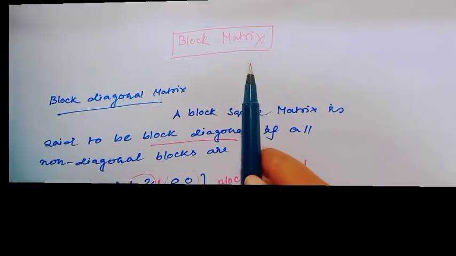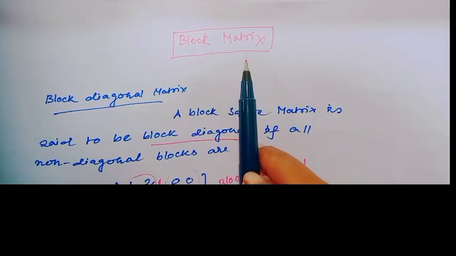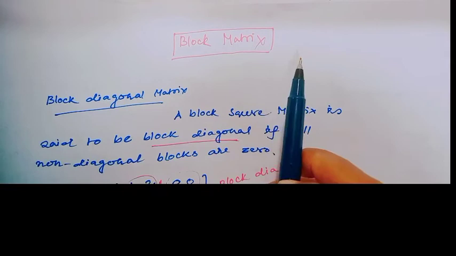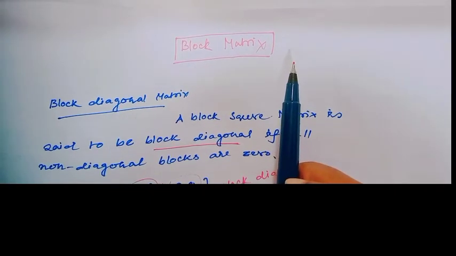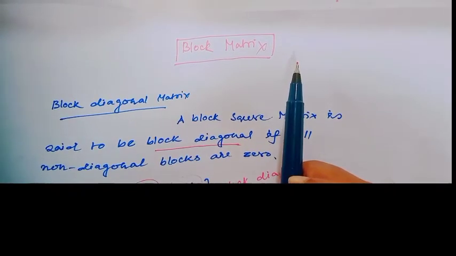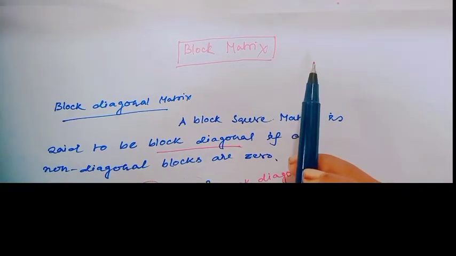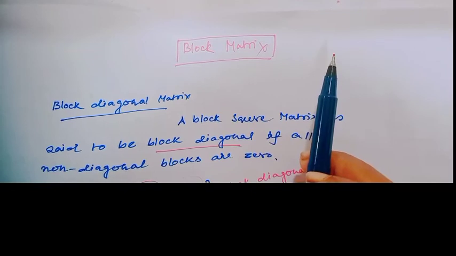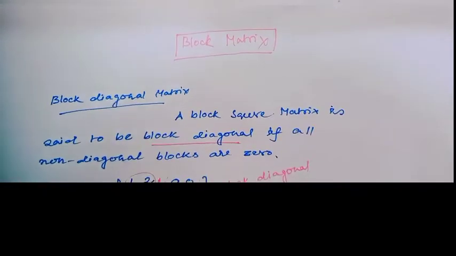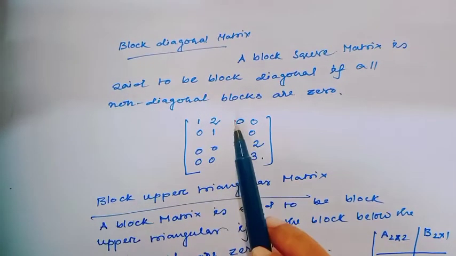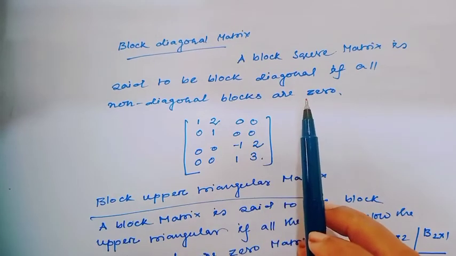Okay, the main goal of this lecture is block matrix. At first I will see various types of block matrix. At first I will say what is the block diagonal matrix. Then I will see block upper triangular matrix, block lower triangular matrix, etc. Now I will see block diagonal matrix.